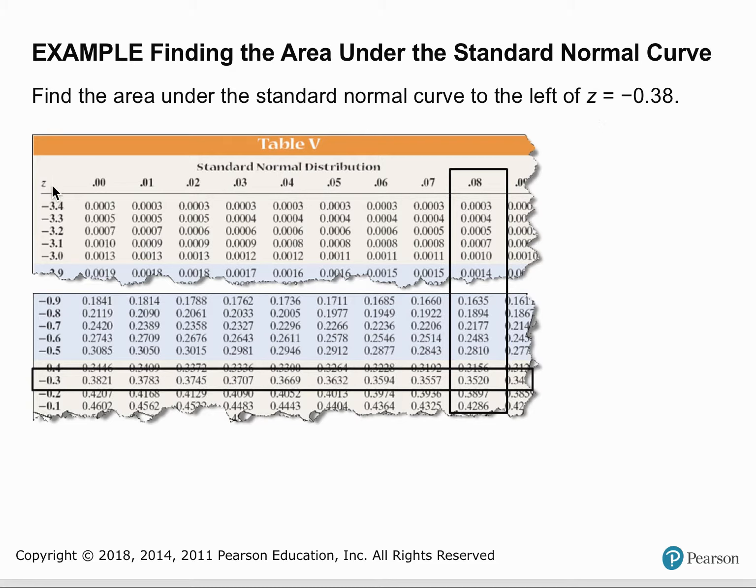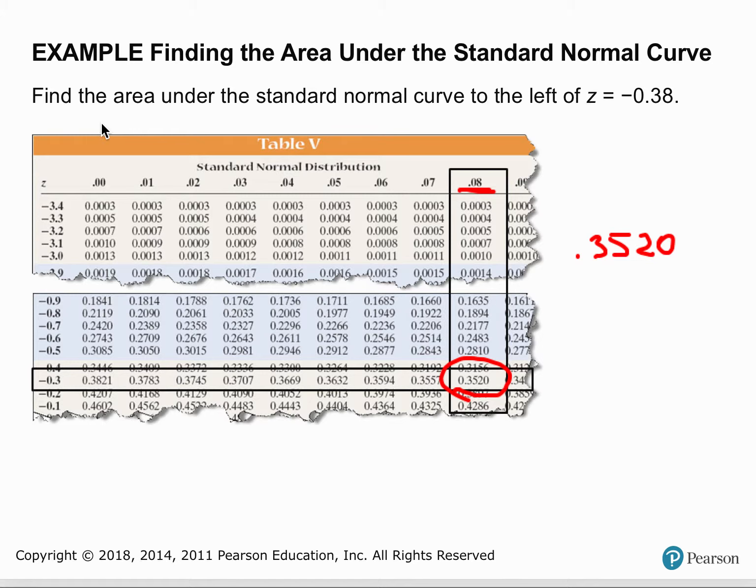So 0.3, and then I'm going to go over to 0, 1, 2, 3, 4, 5, 6, 7, 8. So this is like 0.3 plus 0.08. So it gives us 0.38, and there it is, 0.3520. That's the area under this curve.